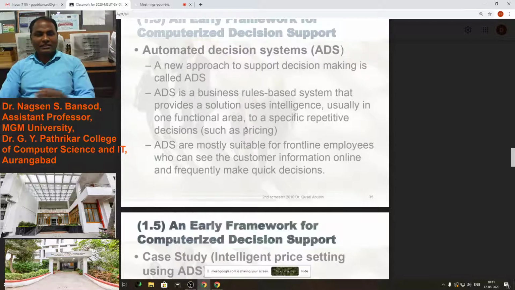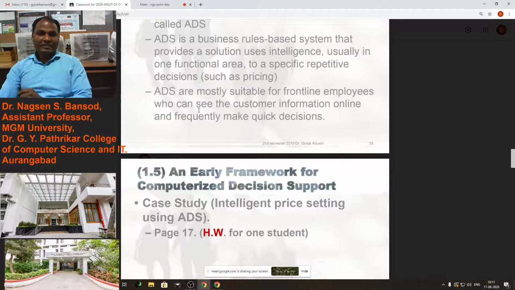Usually one functional area, two specific repetitive decisions, means again and again we require a specific solution. In such areas we can use an automated decision system. ADS are mostly suitable for frontline employees who can see the customer information online and frequently make quick decisions.